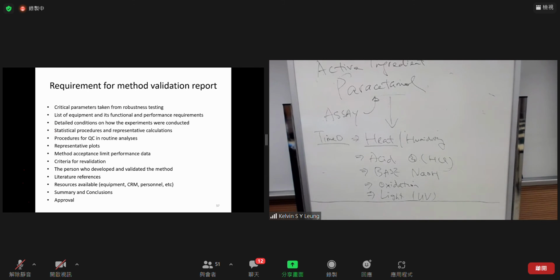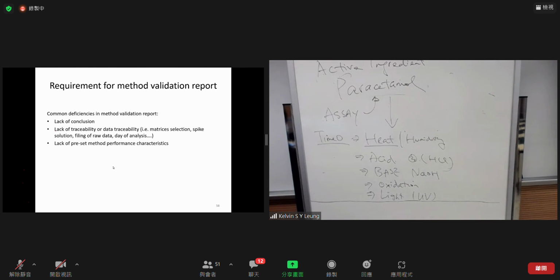Then maybe it's not stable to be placed up to 14 days, but maybe it can be kept up to 10 days. So you draw the conclusion in your report to let others know that it can be placed for 10 days at most, but maybe in routine, you can put for 7 days. It depends how they will use your data. They may not use 10 days as the longest day for the standard preparation. But you have to draw your conclusion in the method validation.